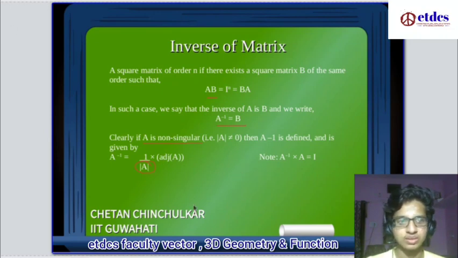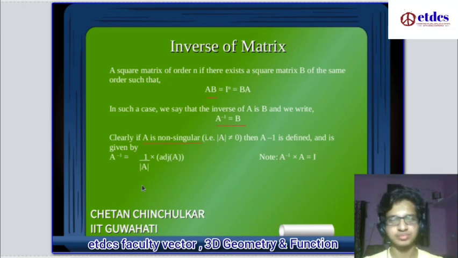That's why, whenever the determinant of A is non-zero, meaning non-singular, only then does the inverse of the matrix exist. And this is also the formula where we begin with a special matrix, and after multiplying we get the identity matrix back.